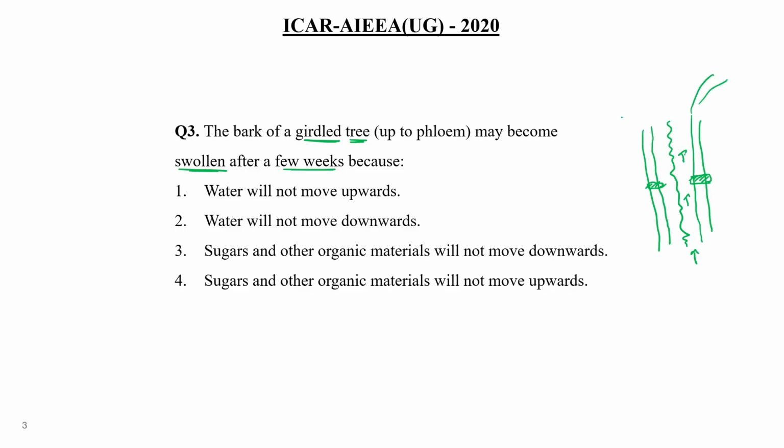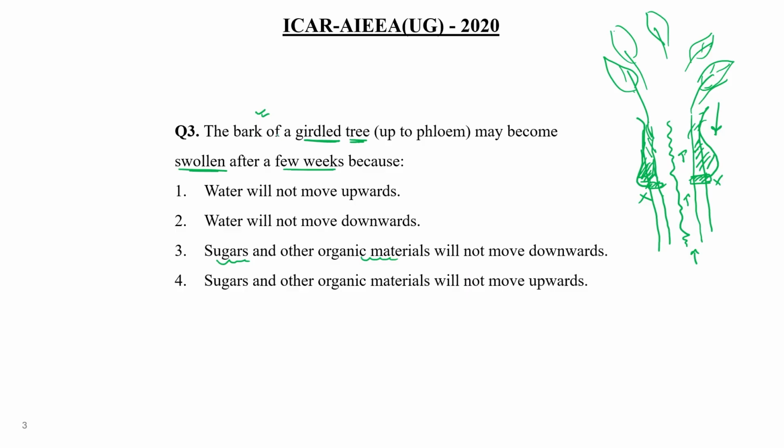But as you know, food is produced by the leaves of the plant, which are present on the upper side, and this nutrition moves from up to down and to other parts of the body, right? So if we make a cut or remove the outer covering of the plant, the sugar and other molecules will not move downwards, and the upper part of the stem starts storing the food particles and will look like this, as the food has not moved downward.